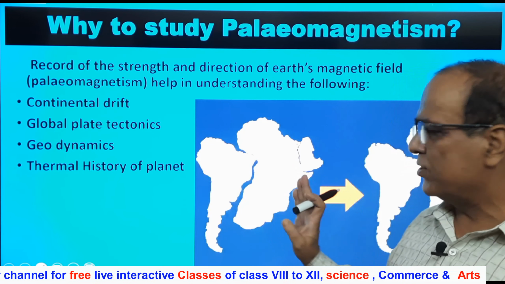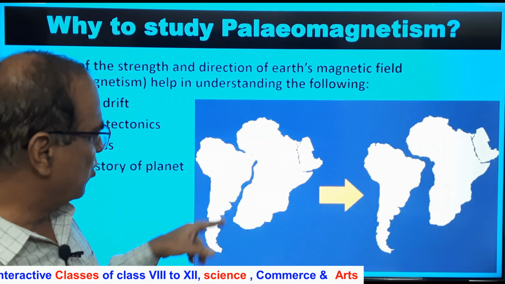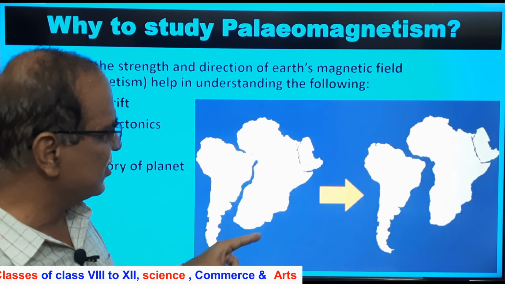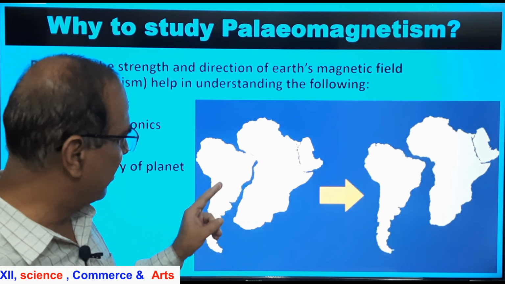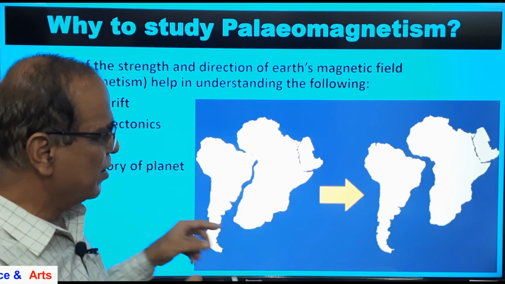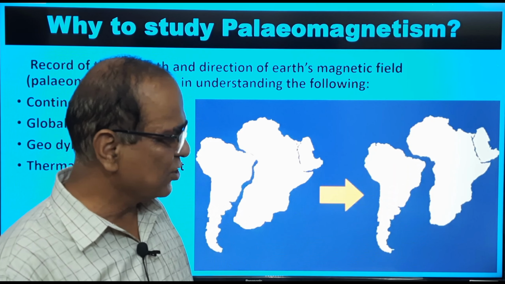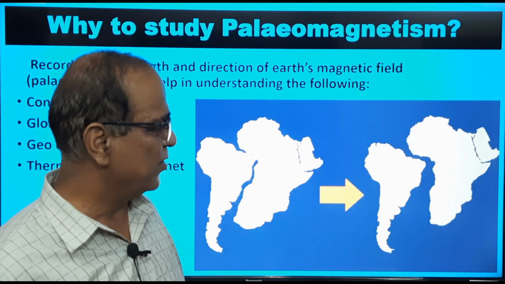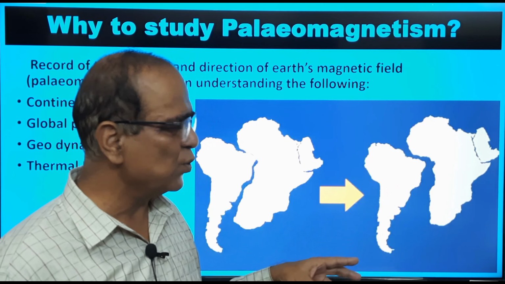One is where we find the crack in between these two massive continents, South America and Africa. In between, a very narrow crack is here, but on this side the crack has got widened. There is much space in between these two continents.